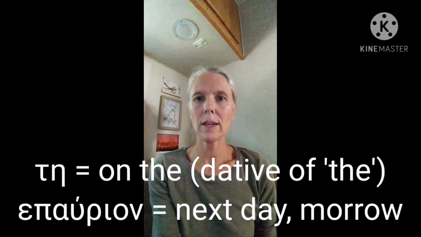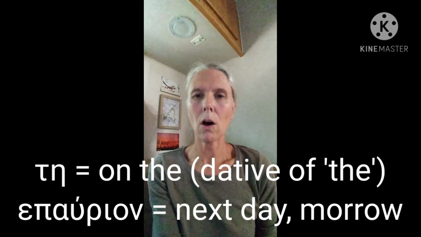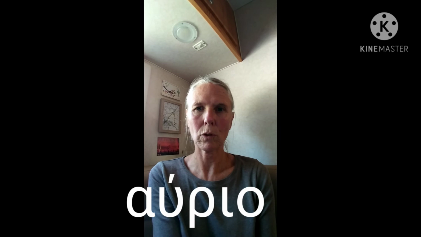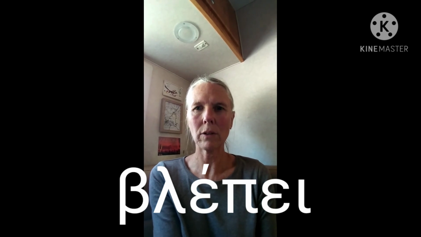The article ti here is in the dative case, which gives the meaning on the next day. Interestingly, in modern Greek, the word for tomorrow is avrio, so very similar. Vlepi, the verb here, has an E ending. I'll give you a second to think: is that I, you, or he?